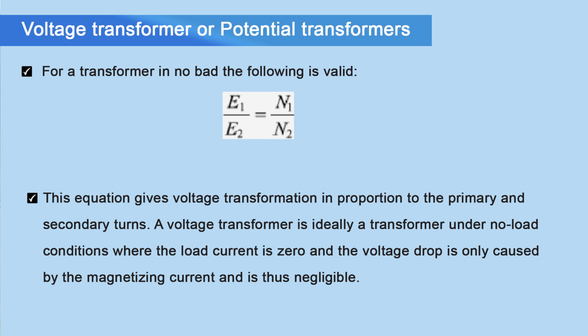A voltage transformer is ideally a transformer under no load condition, where the load current is 0 and the voltage drop is only caused by the magnetizing current and is thus negligible. So this is all about the potential transformer.